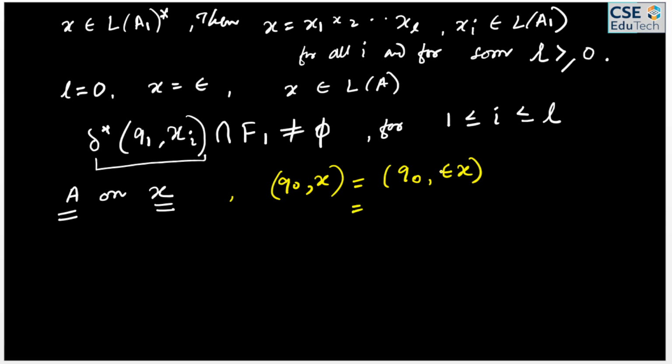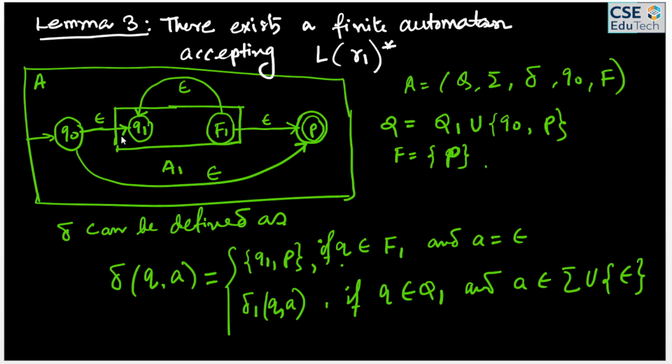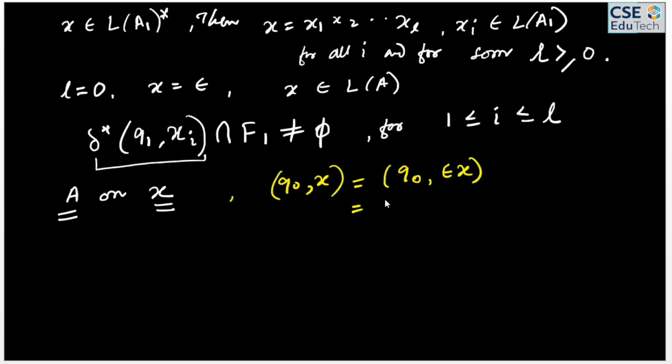So now if your input is epsilon, from q naught you go to state q1. So now we can write the move: you are in q1 and the string is x1, x2, up to xl.